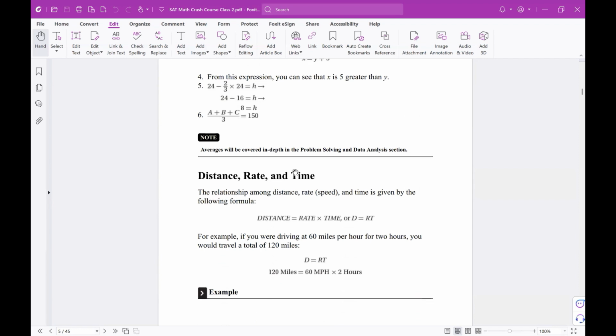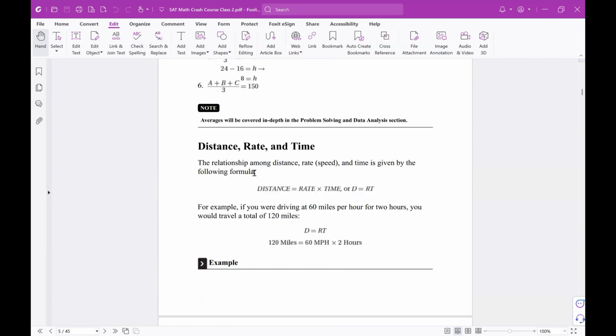So distance, rate, and time. You can just consider the rate as speed, because speed equals the total distance covered divided by the time. The rate is the speed.